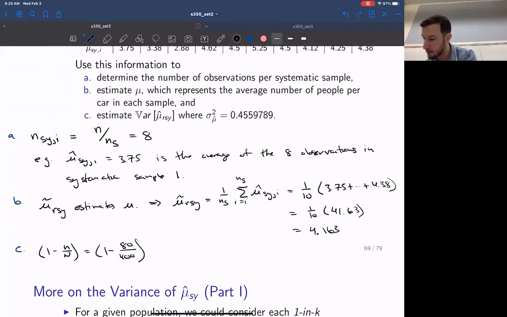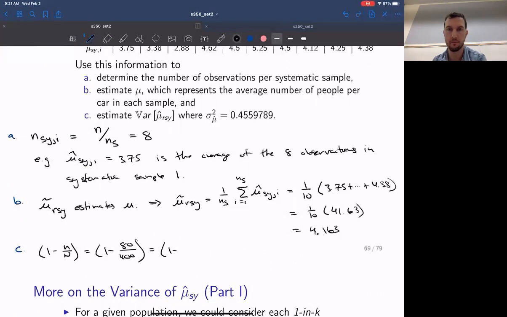All right. So this is going to be 1 minus, divided by 40 is 2 over 200. Divided by 2 is equal to 1 over 100. Is that correct? No, there's no way that's correct.